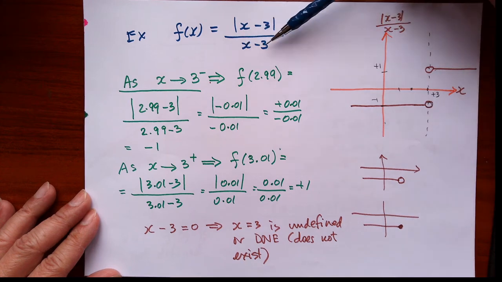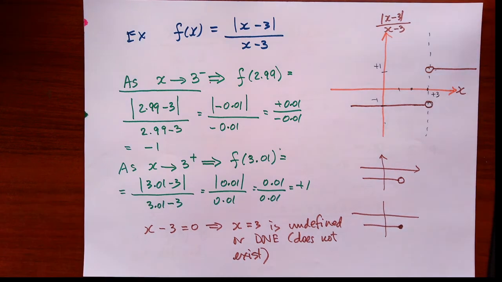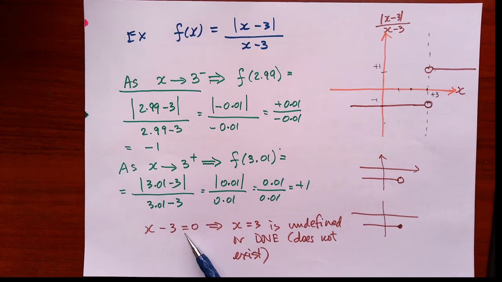Because if x equals 3, we are dividing by 0, which is an undefined value. X minus 3 equals 0 is undefined or does not exist. So we draw a line from here to here and from here to here, but we exclude the points (3, 1) and (3, minus 1).